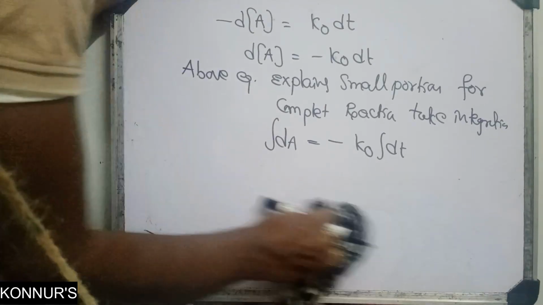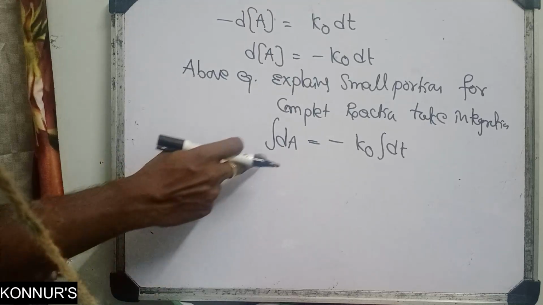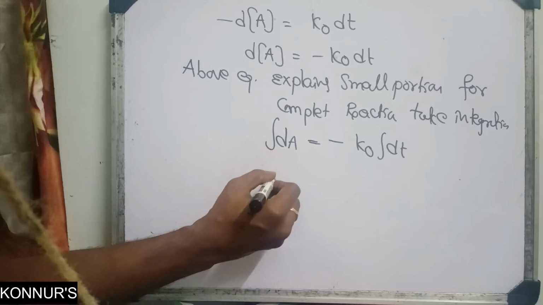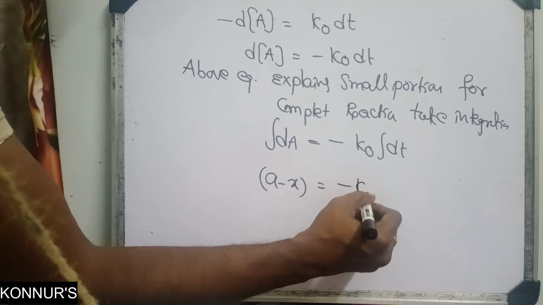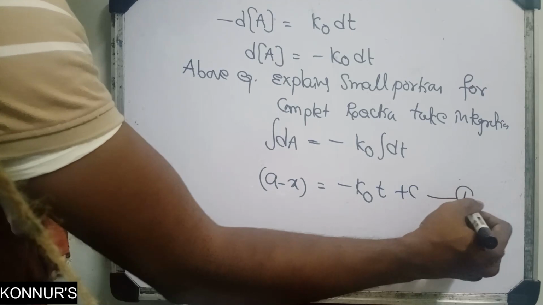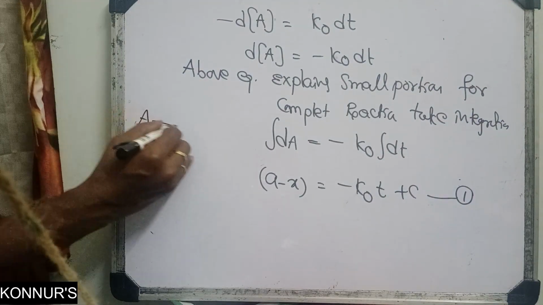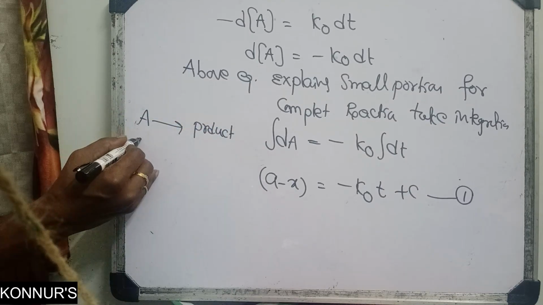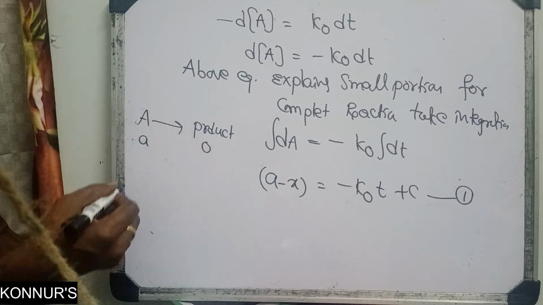We discussed that at a particular time the concentration is A minus x. So A minus x equals minus k0 times t plus c. Already at the start we discussed A gives rise to products. At the starting point, t equals 0, the concentration is A and the product is 0.